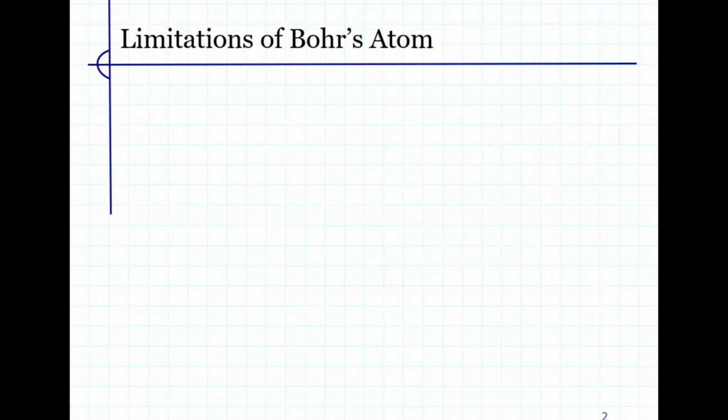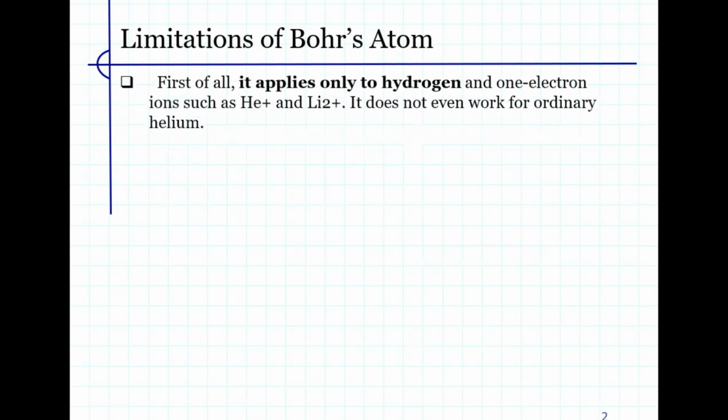If we recollect the ideas on limitations of Bohr's atom, we see, first of all, the Bohr's model was applicable only to hydrogen and one-electron ions, such as helium plus, lithium plus. It does not even work for ordinary helium.